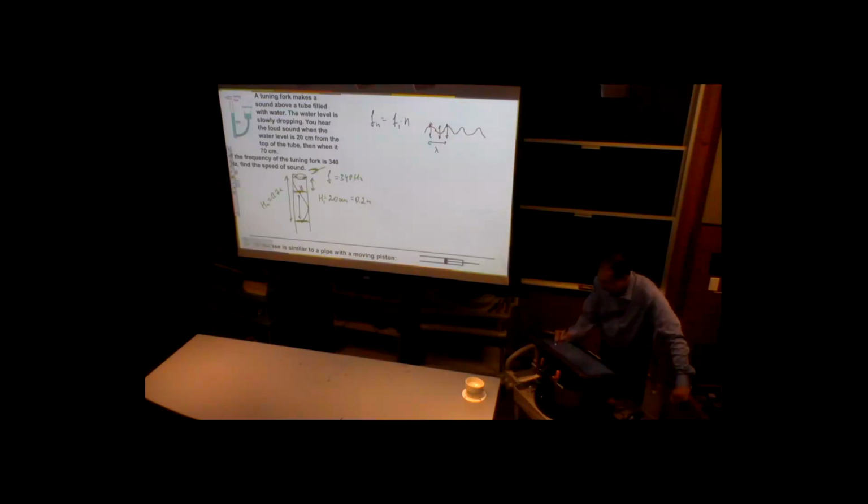And the distance between two nodes will be equal to what? Someone has to say something. Thank you. Exactly correct. A half of a wavelength. So we can immediately make a conclusion from this picture, without actually using any equation so far, that a half of a wavelength should be equal to the difference between these two measures.